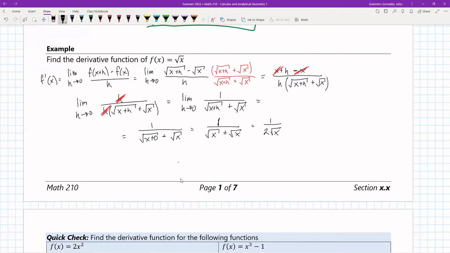And we are done. So f prime of x is equal to 1 over 2 times the square root of x. We are done.